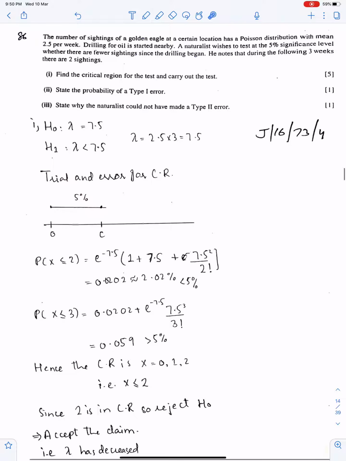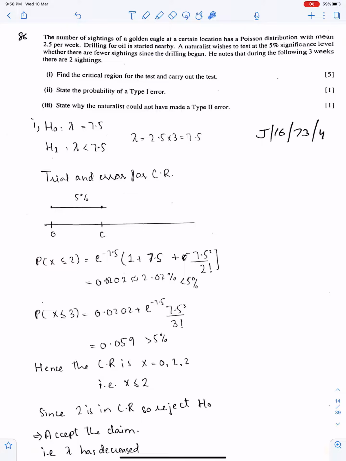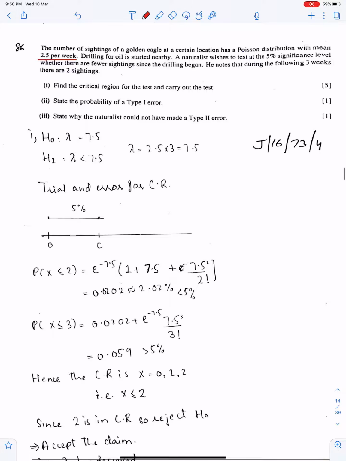Next question is of Poisson. The number of sightings of a golden eagle at a certain location has a Poisson distribution with mean 2.5 per week. Now this is the lambda of Poisson, and this is per week. Make sure you understand the unit for Poisson well.